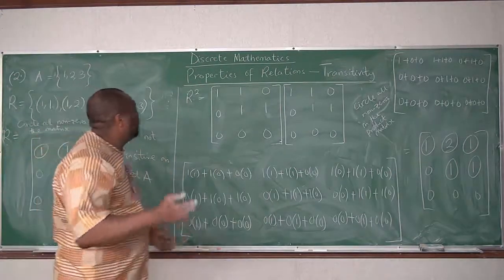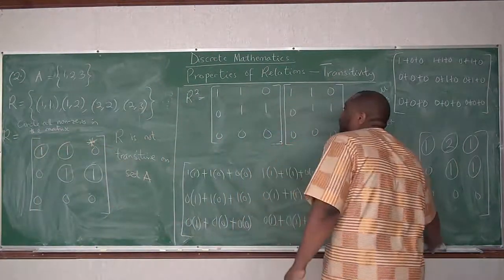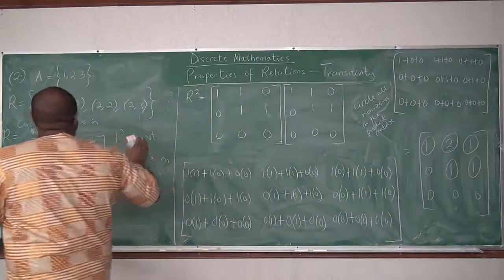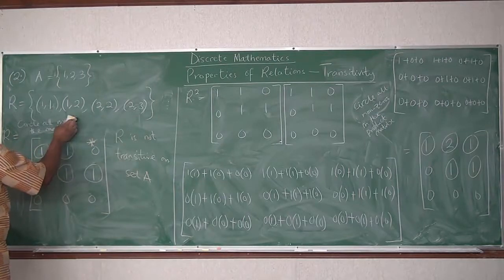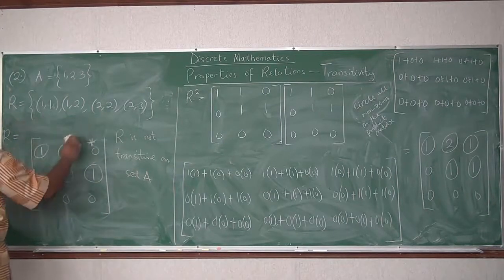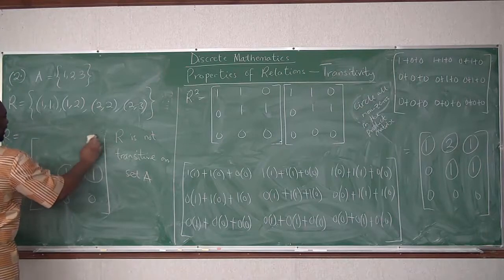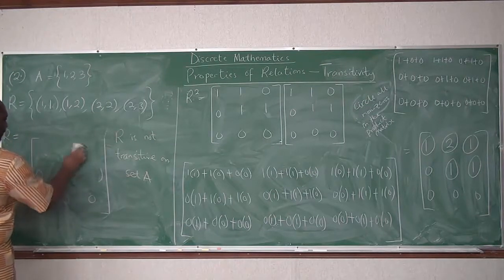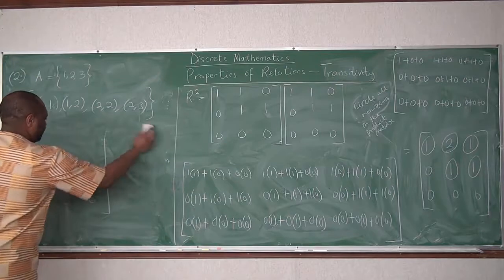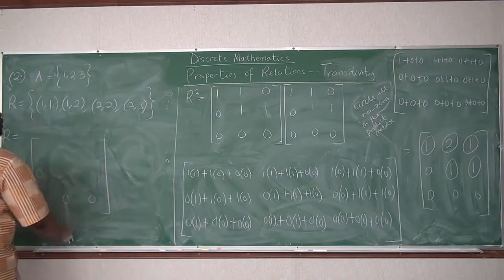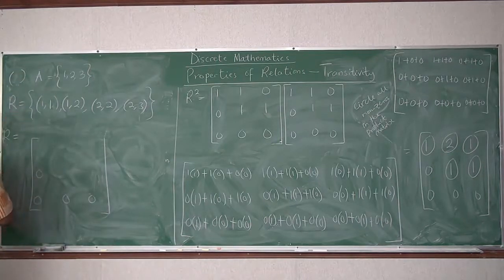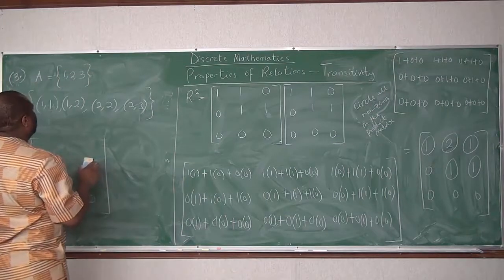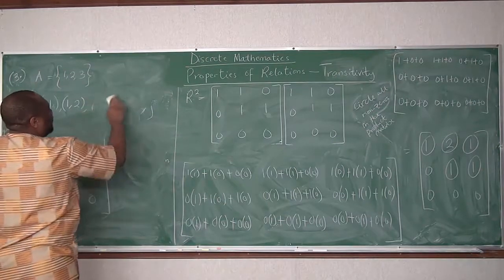Alright, now let's do this again. Let's now do a case whereby we put 1, 3. What if we now put 1, 3? This is question 3. Let's put 1, 3, then 2, 2, 2, 3.